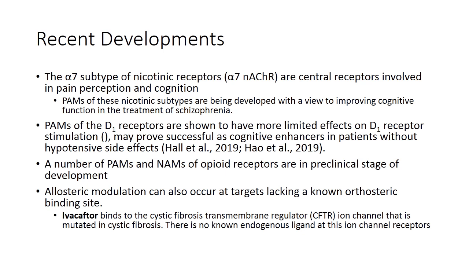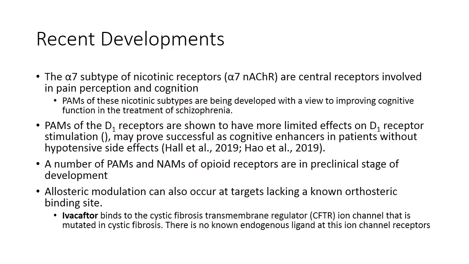A number of PAMs and NAMs for opioid receptors are also in preclinical stages of development, and allosteric modulation may occur at targets which actually lack an orthosteric binding site. What does it mean? It means there may not actually be an orthosteric site or a conventional receptor where an agonist binds, but allosteric modulation may occur.